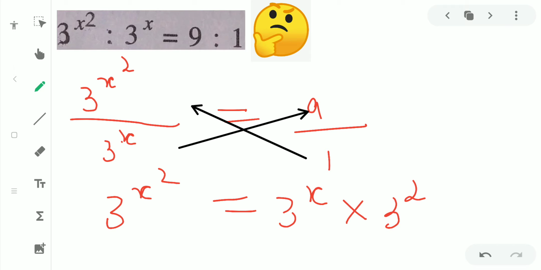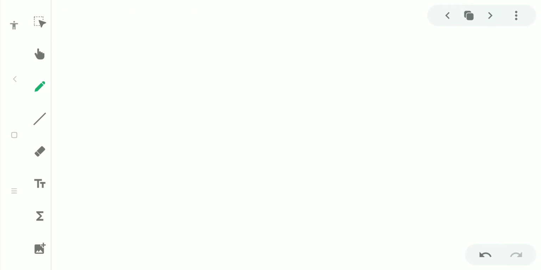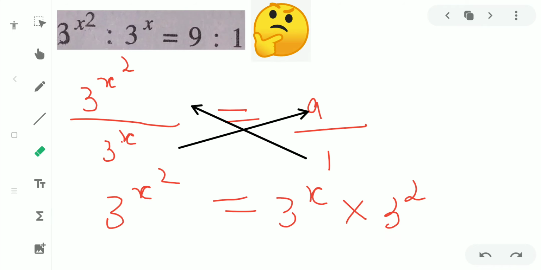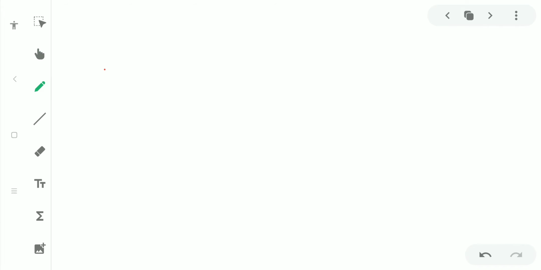Now you know one law, that is a power m into a power n is equal to a power m plus n. Let us apply that here. We get 3 power x square is equal to 3 power x plus 2.